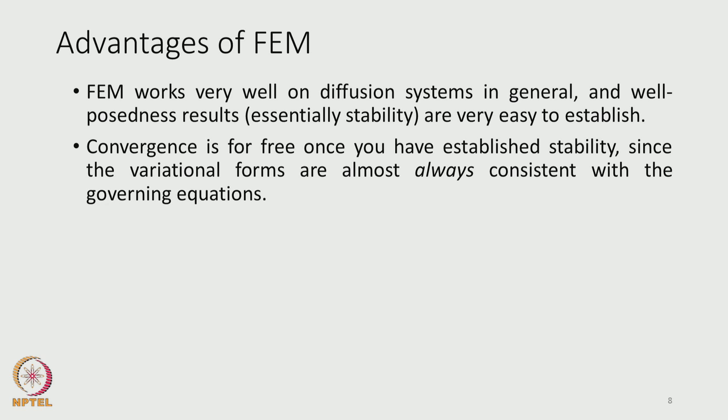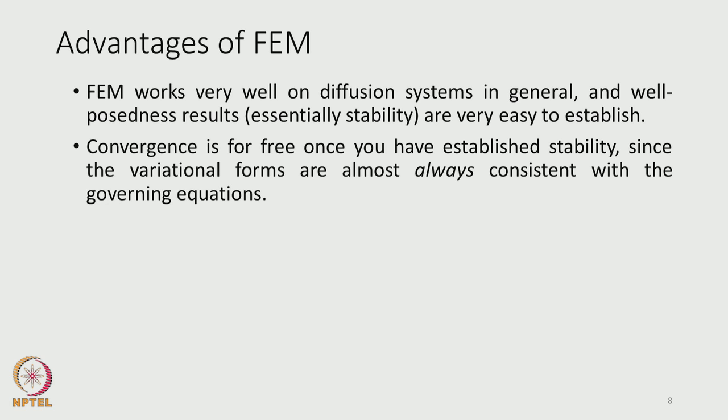So, FEM ensures convergence because the variational form, which is used as a weighting to get a weighted form or a weak form of the governing equation, is always consistent, and we have already seen that the FEM procedure mostly ensures stability.